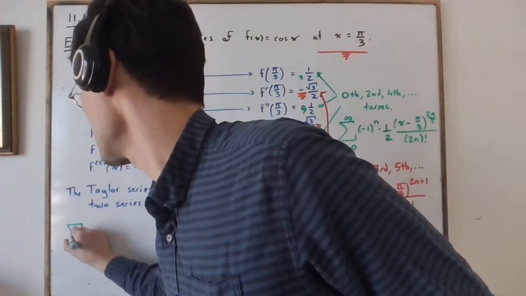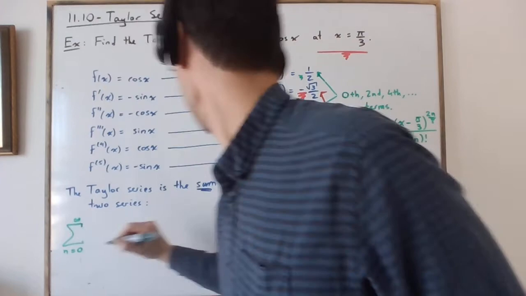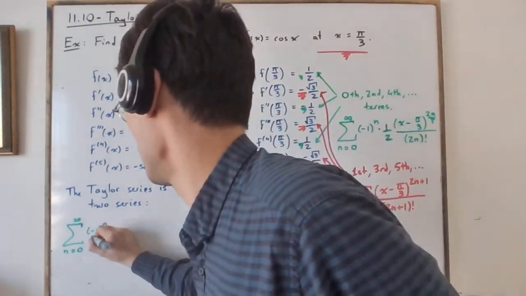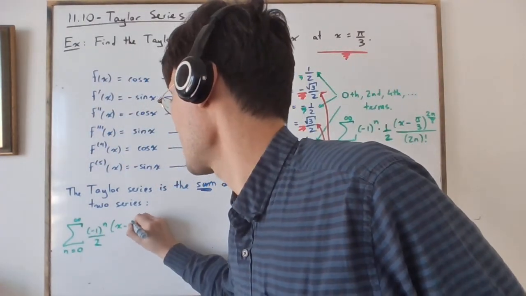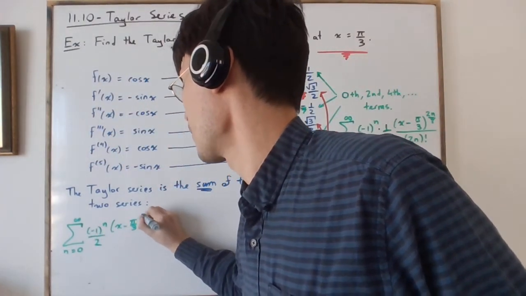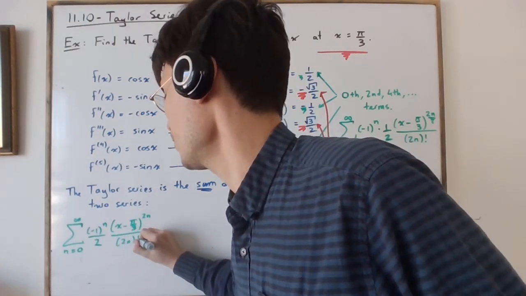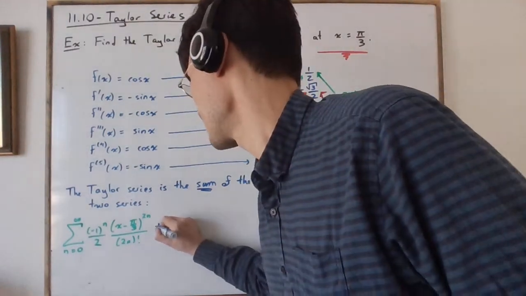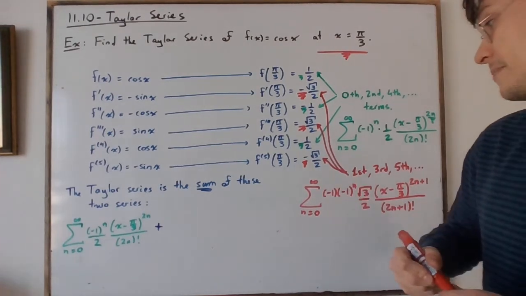So let's actually start with that. We have the series when n is equal to 0 to infinity of negative 1 to the n over 2. Let's try to save some space. x minus pi over 3 to the power of 2n over 2n factorial plus the red series, the red that we have right here.